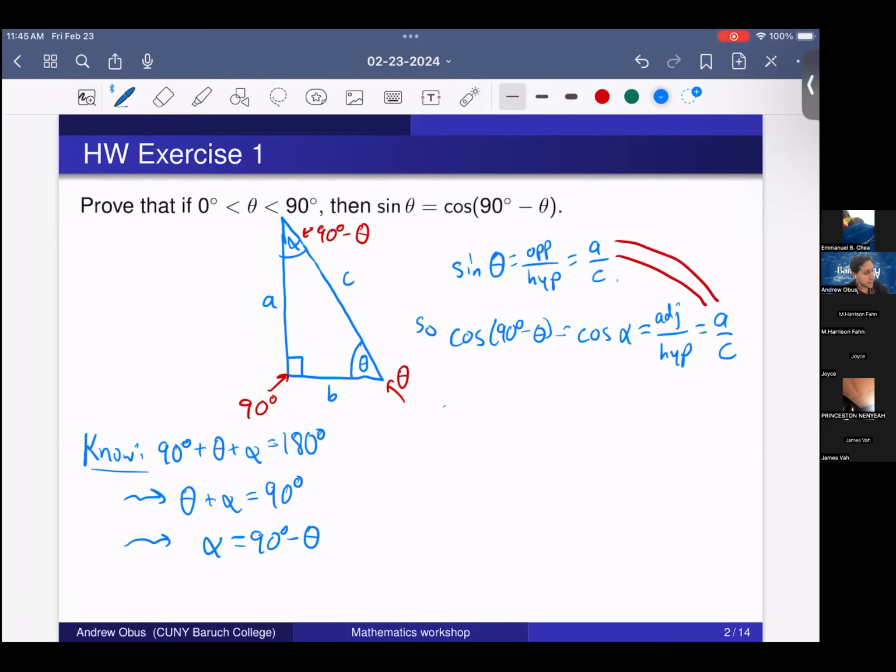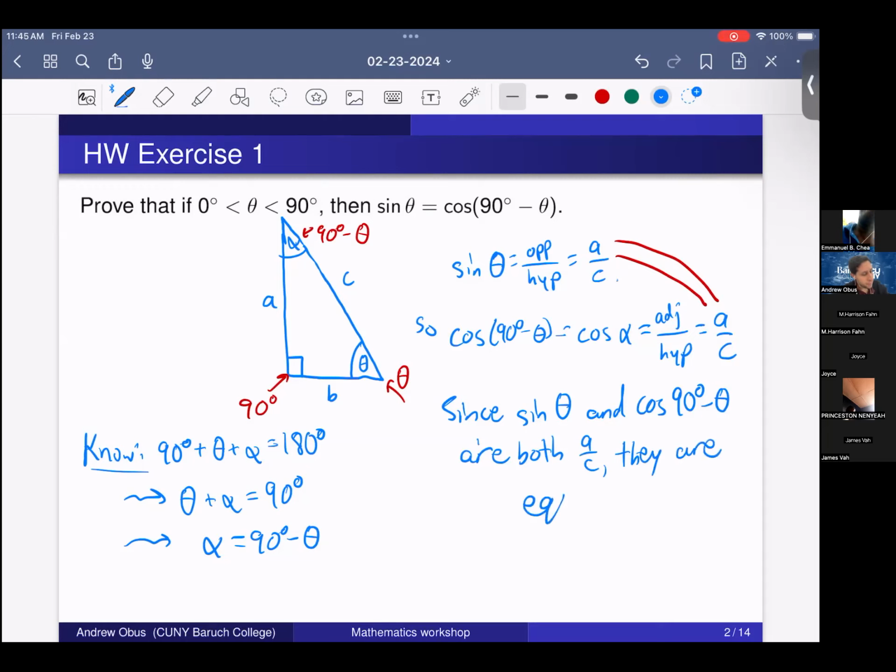Since sine of theta and cosine of 90 degrees minus theta are both A over C, that means they are equal.